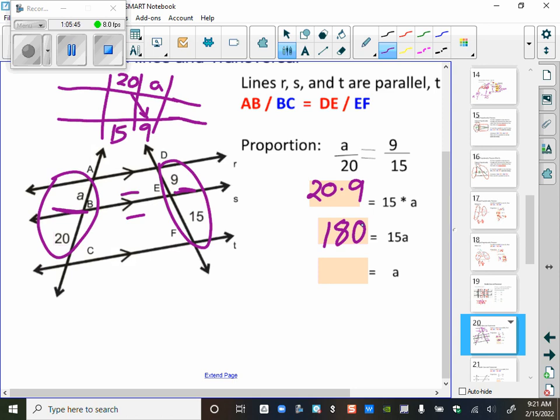There you go. So even if this turned around and looked like that, that A equals 12 will still be the same. So it is as simple as stack and go, stack and go.